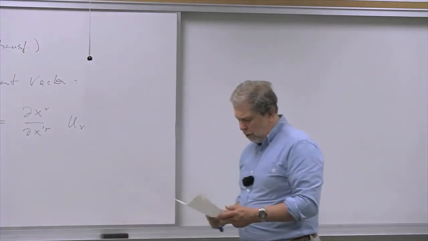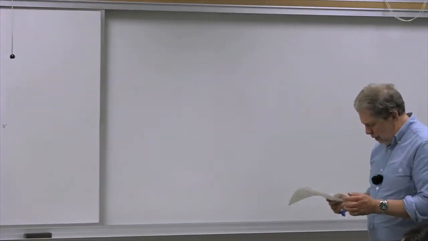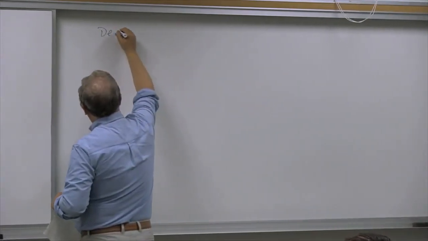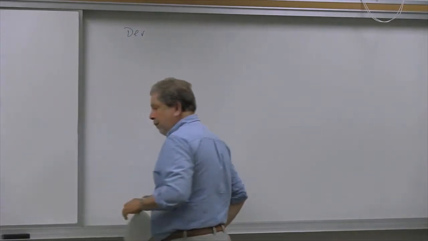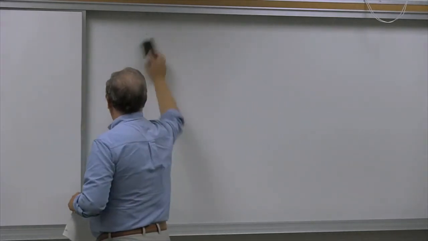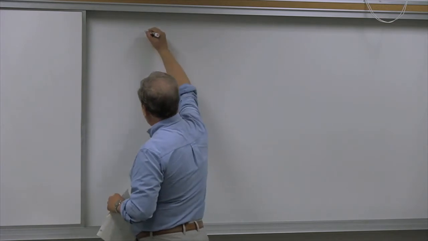And so we have these covariant and contravariant vectors, and the derivative of a field, let me write this in black. So the derivative is a special case.